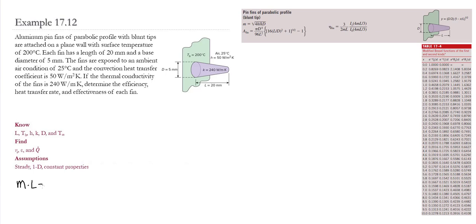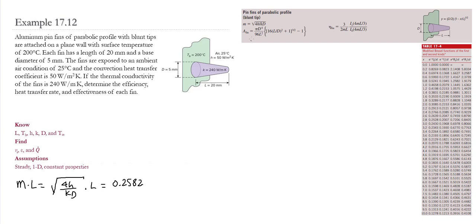We're going to use the equation that is provided, which is the square root of 4h over kd, and we multiply that by L. We substitute all the values, and we find that this constant is equal to 0.2582. And if you did your units properly, you're going to find that it is a unitless or dimensionless quantity.